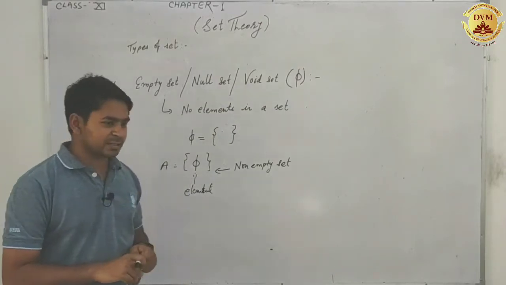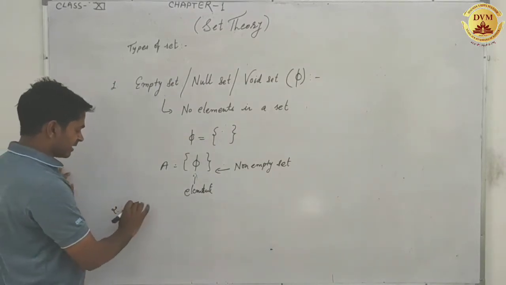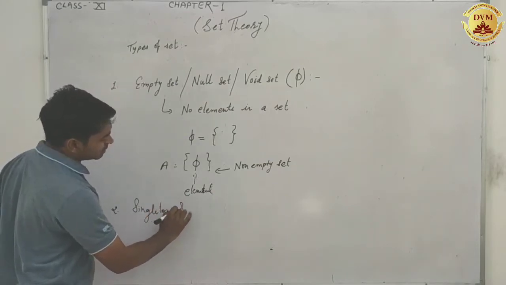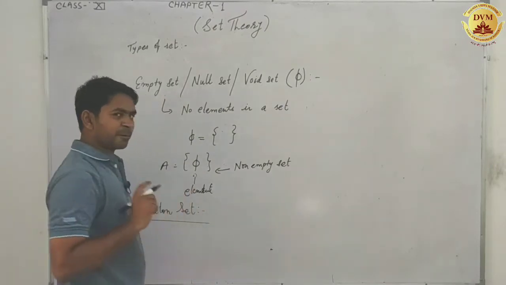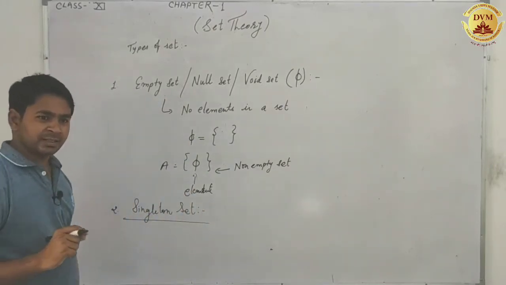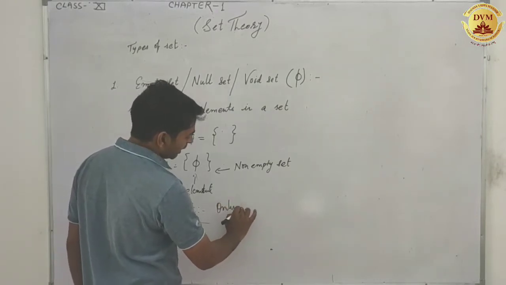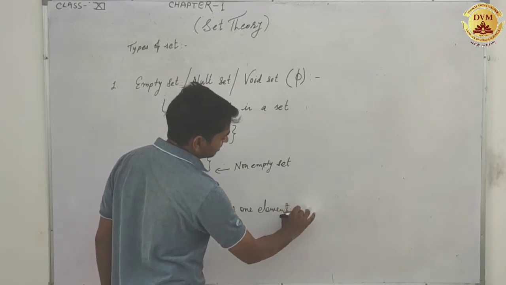Okay, the next type is the singleton set. When there is only one element in a set, then it is called a singleton set.